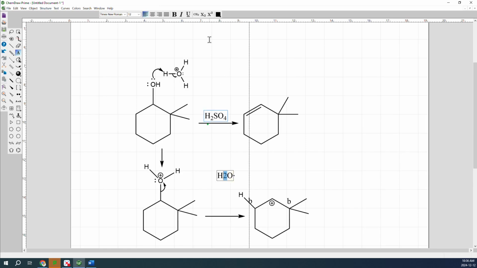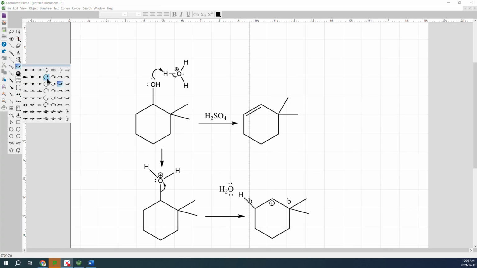So let's put a water molecule here. And we're going to pick up that proton to regenerate our acid. It's going to bring in the lone pairs. Okay, I like to use lone pairs for oxygen. So you've got those lone pairs that stretch out and pick up the proton.